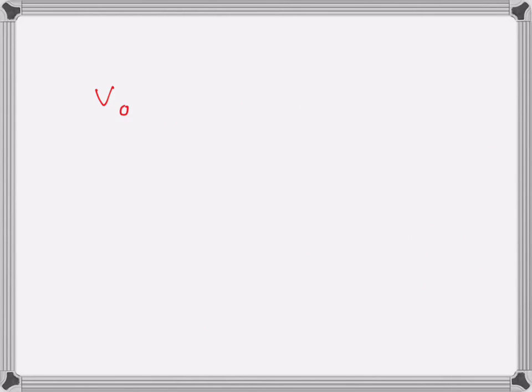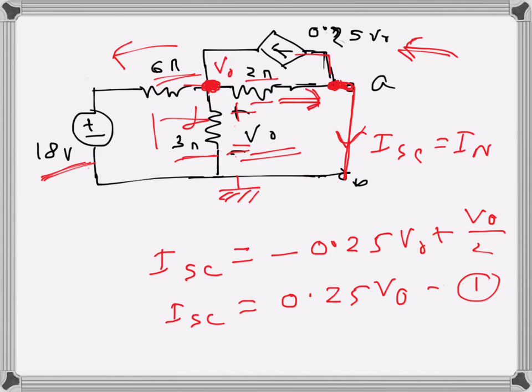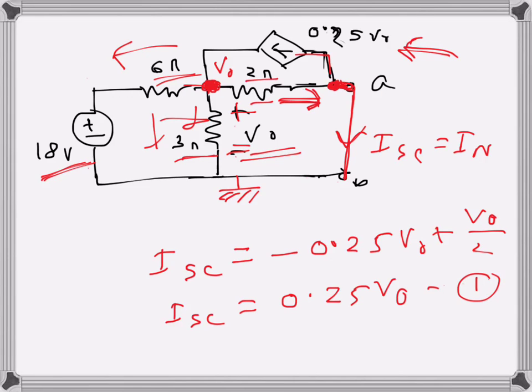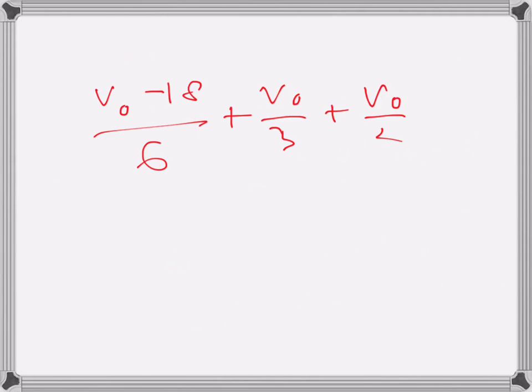So (V0 minus 18) over 6 is this current, then the downward current will be V0 over 3, then I have V0 over 2, which is this current as before, and on the right hand side I am writing the entering current. So these are leaving currents from the node, and this is the entering current, which is 0.25 V0.